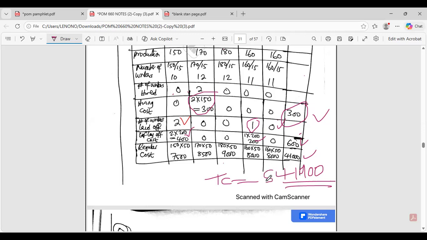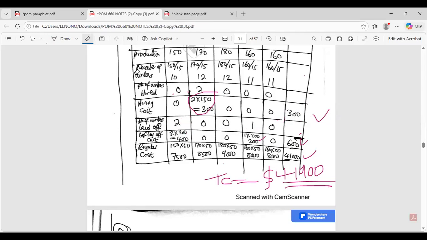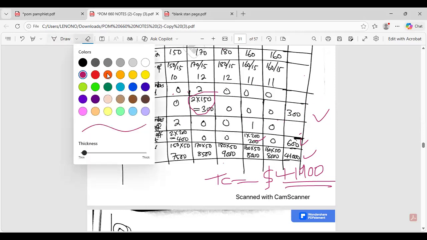Which ones are we adding? 300, 600, and the 41,000 for regular cost. Okay, thank you. So we now move on to the other one.